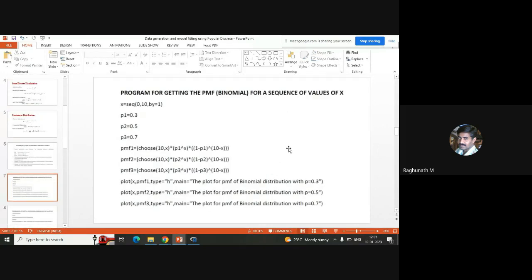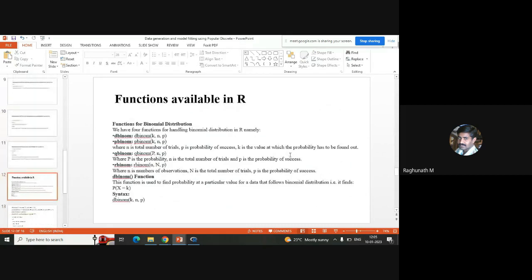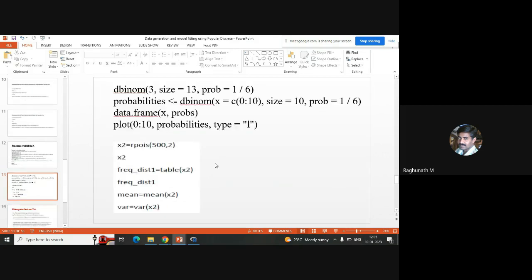Yesterday I stopped at the last slide, the functions available, because I used d, p, q, and r. I took only the example of binomial, but I illustrated with normal also. So the parameters for each and every distribution, we are now going to understand in a conceptual way.